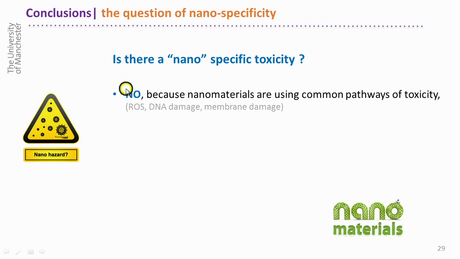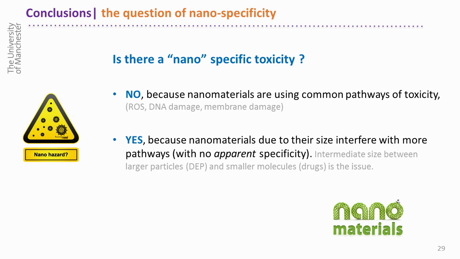Basically, when you have reactive oxygen species, they are going to damage parts of the body, so damage DNA, the membranes, or any cells in general. But because of all the diversity of nanomaterials and all the different characteristics, they can interfere with many more pathways.